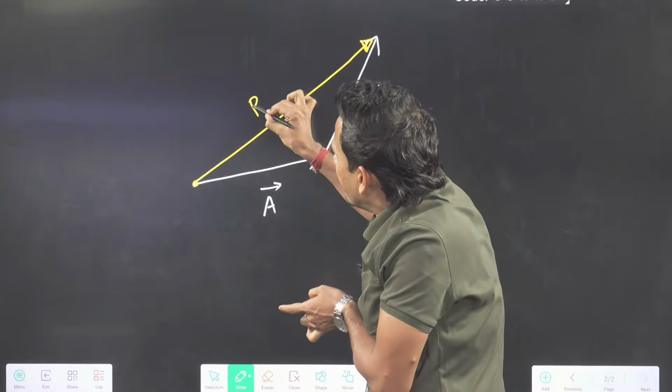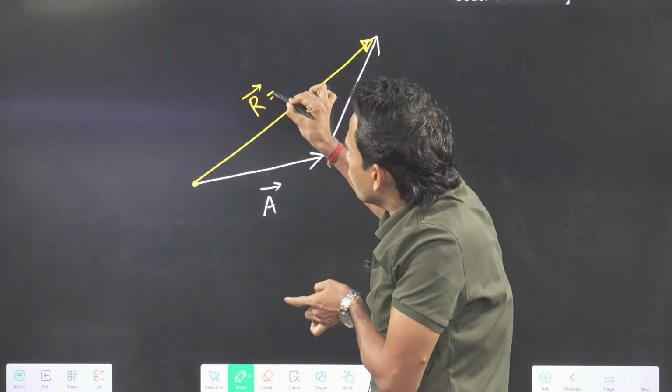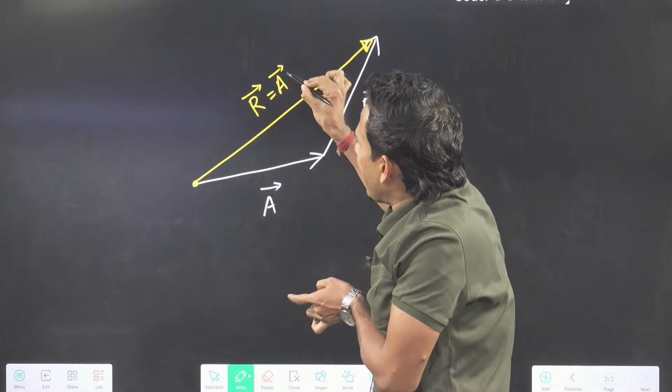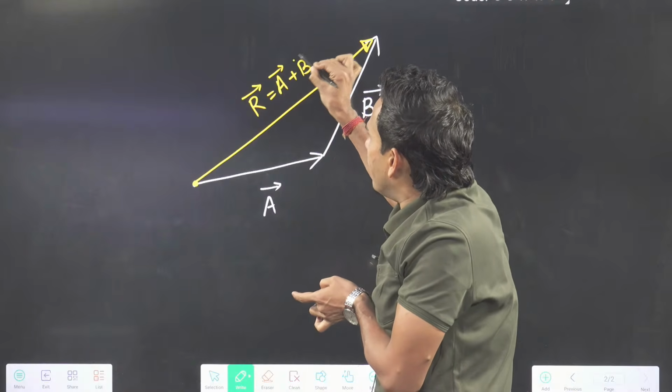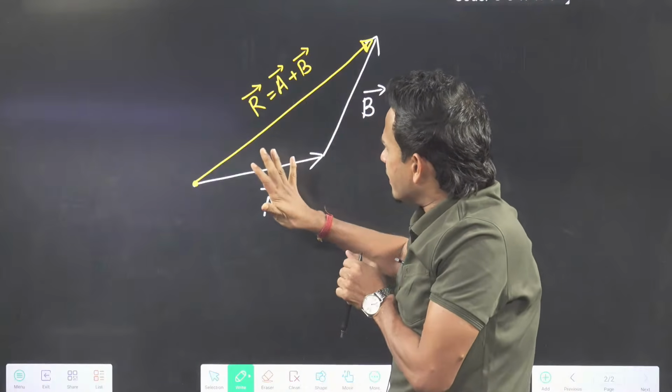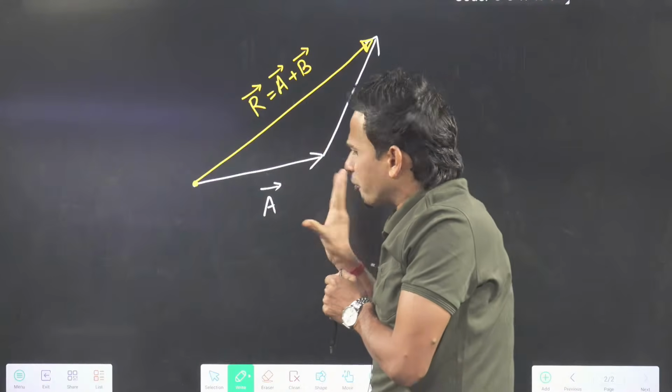This will be our r bar, whose value will be a bar plus b bar. This is the diagrammatical representation of triangle law.